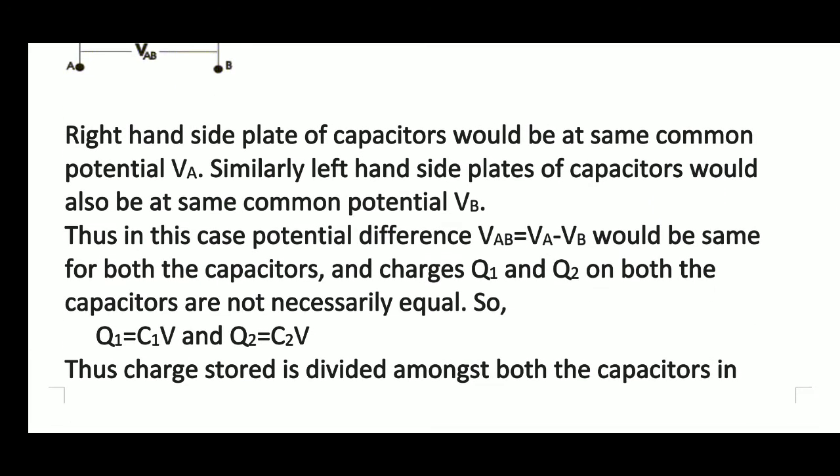Thus in this case the potential difference VAB, which is VA minus VB, would be the same for both the capacitors, and the charges Q1 and Q2 on the two capacitors are not necessarily equal.